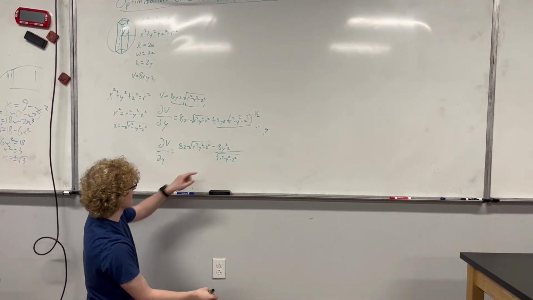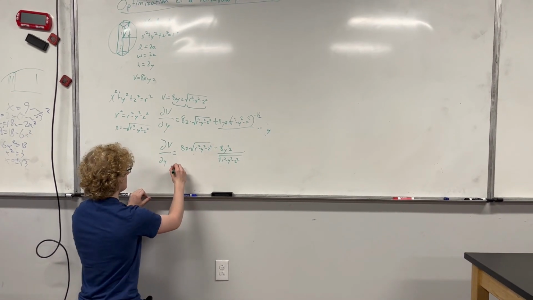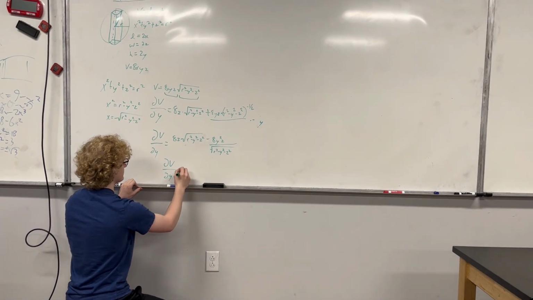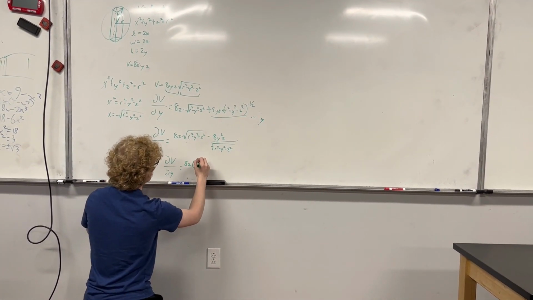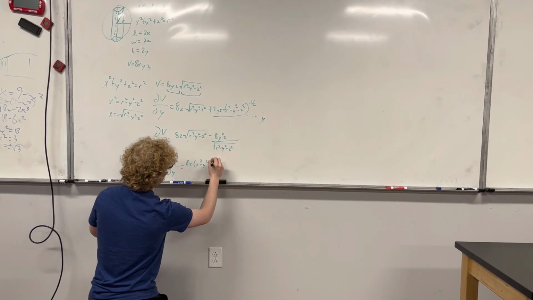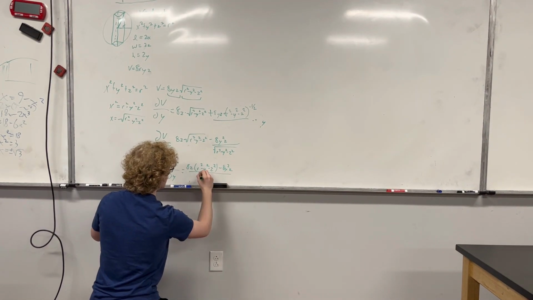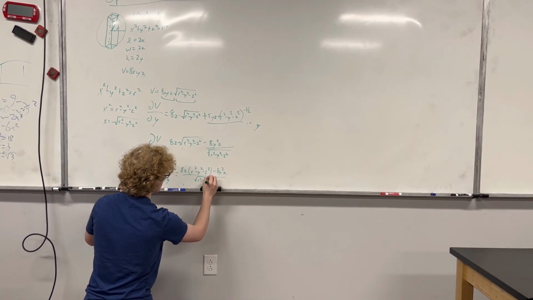We can simplify this further by making a common denominator of the square root. So now our partial derivative of volume with respect to y is equivalent to 8z times r squared minus y squared minus z squared, minus 8y squared z, divided by the square root of r squared minus y squared minus z squared.